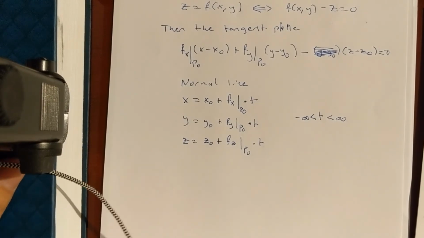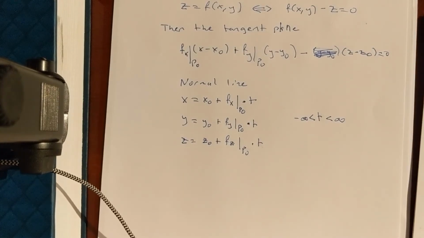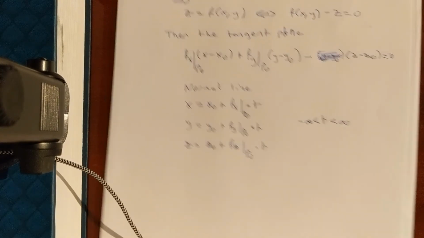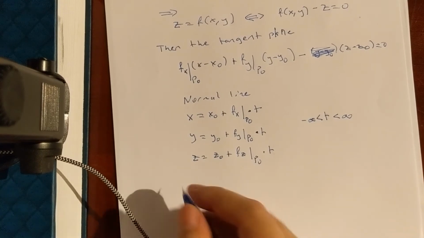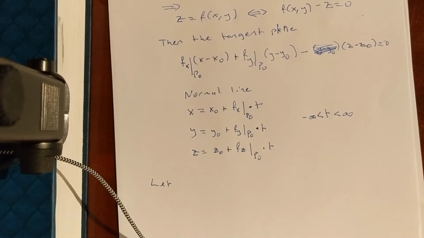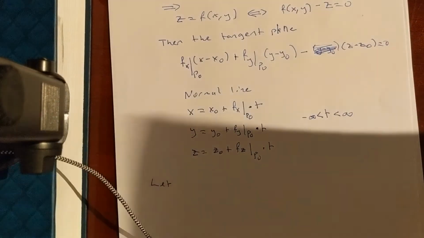So that was it. That's all we're going to do. Let's do a couple of examples, maybe one or two, and finish this lecture. I have an example here from the notes.